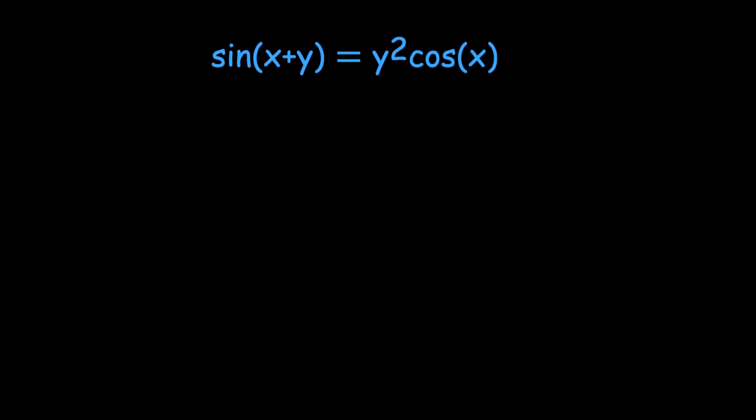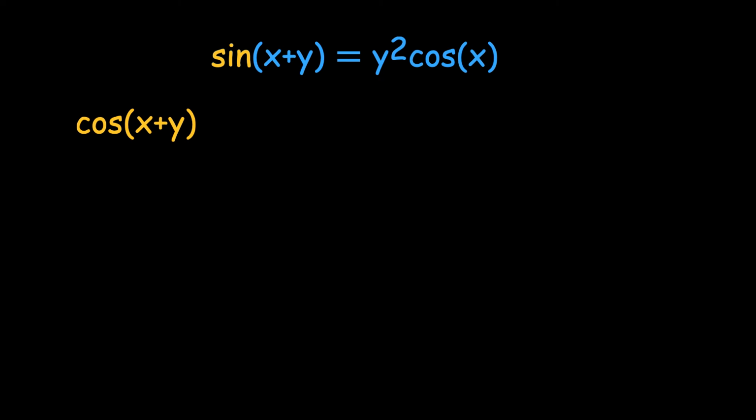To get the derivative of sine of angle x plus y, we need to use chain rule of differentiation. To do that, we need to get the derivative of sine. So the derivative of sine is cosine, and the angle is still x plus y.